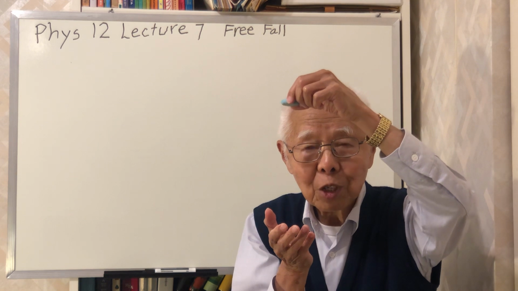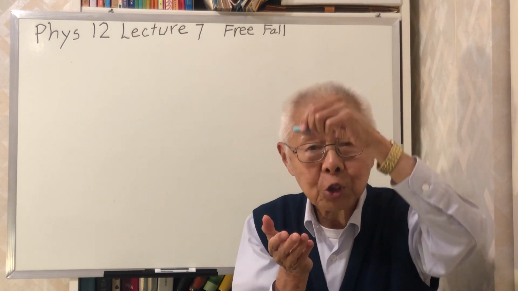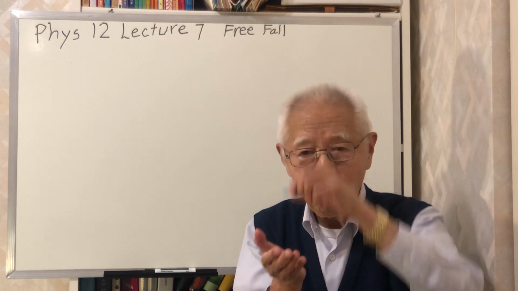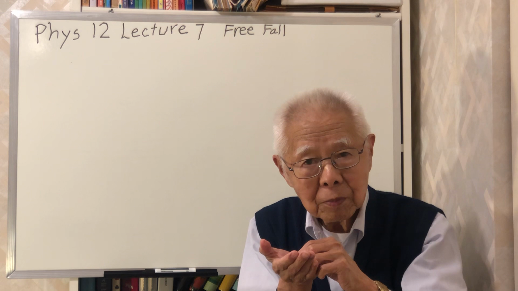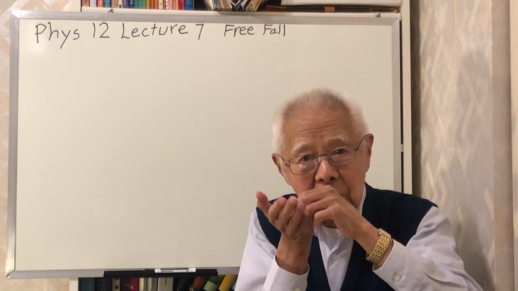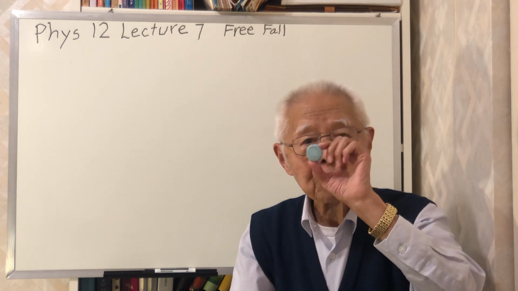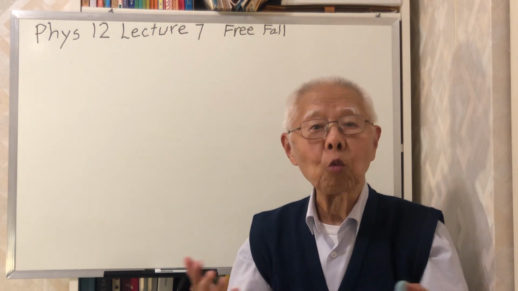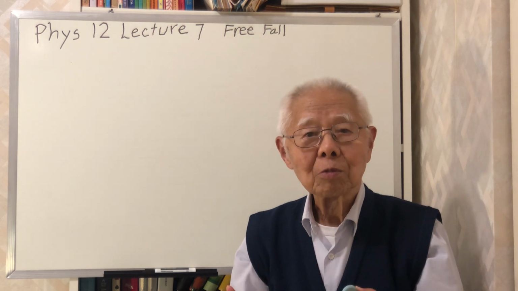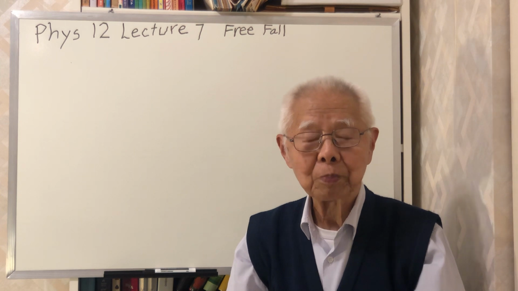And then it goes back. Then it falls down, right? So when I push it up, when the object leaves my hand, the only force on this eraser is its own weight. So this is again a free fall.